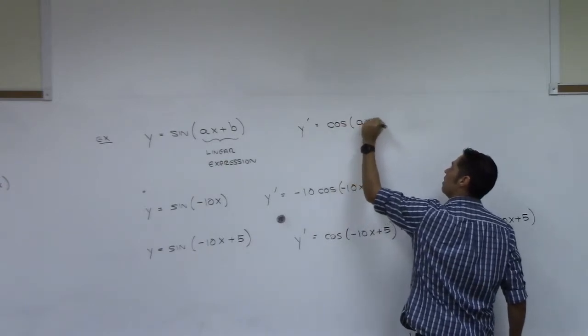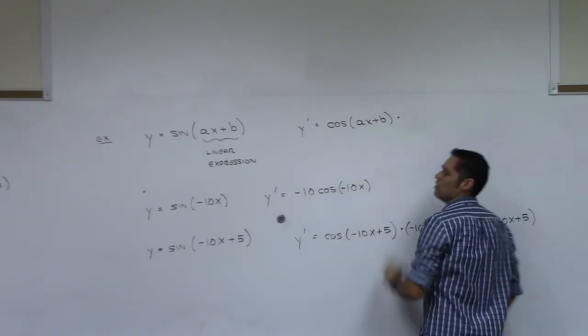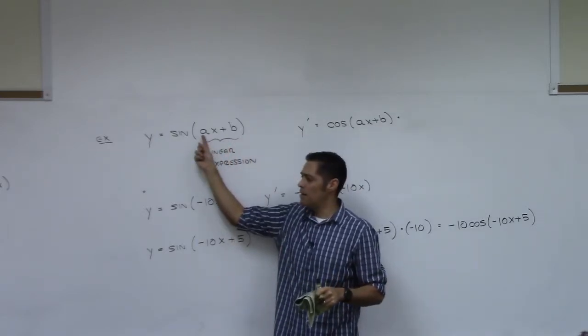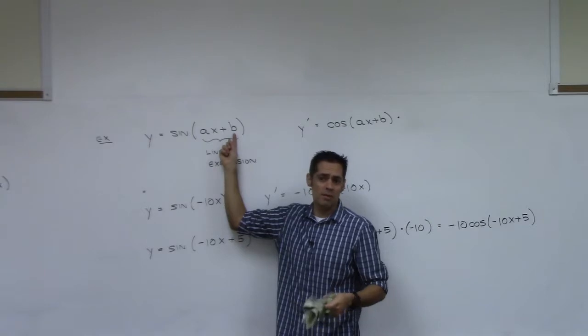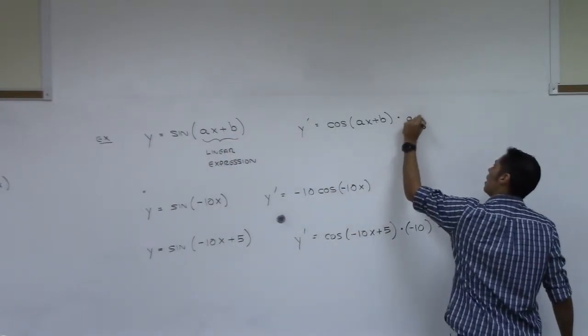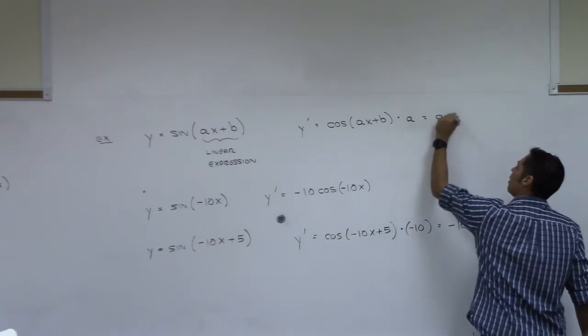first, right? And then times, when you take the derivative of this linear expression, the only thing that comes out of it is the a, right? The derivative of b will be 0 because b is a constant. So the a pops out, and so we could take that a into the front.